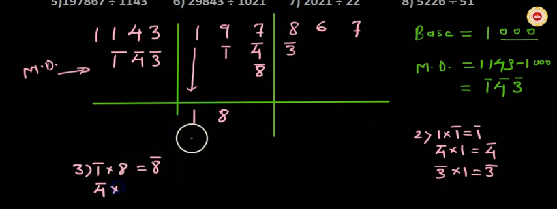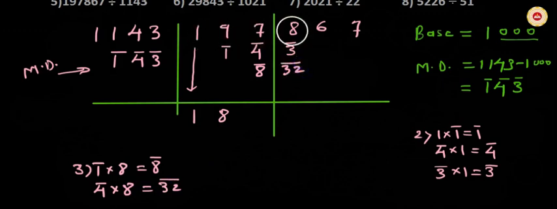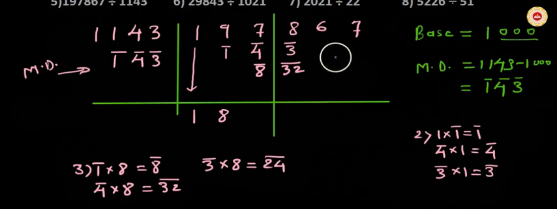Minus 4 multiplied by second quotient digit 8, which is equal to minus 32, and write this minus 32 in the fourth column. 1, 2, 3, 4, fourth column. That means below fourth digit in the dividend, which is 8. Now multiply third digit in the modified divisor by 8. Negative 3 multiplied by 8, which is negative 24. 3 8s are 24, and write this negative 24 in fifth column.